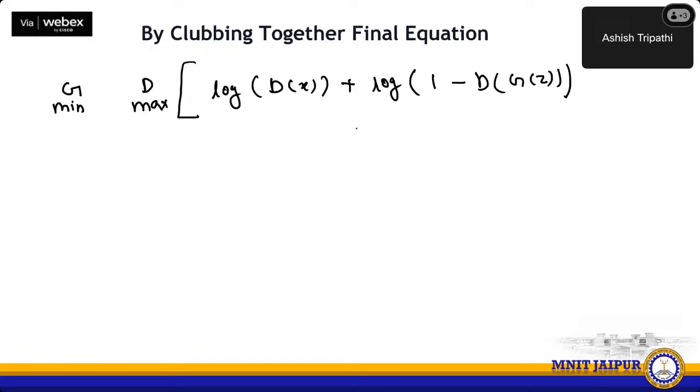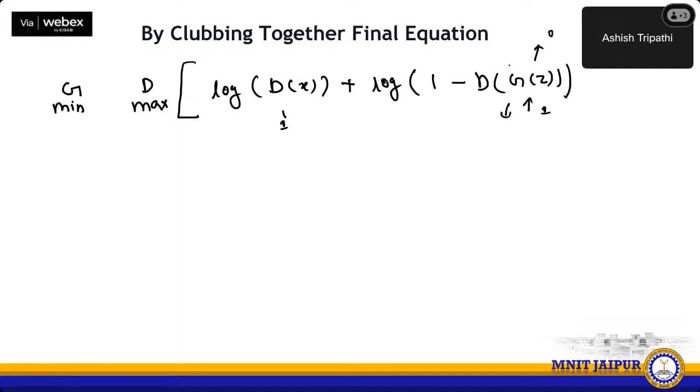Generator G wants to minimize it. Why does it want to minimize it? Because it wants this to produce output 1, and when this is 1, this will have minimum value. And discriminator D wants to maximize it. Why? Because discriminator D wants it to produce 1, which is the maximum since this is a probability distribution function, and it wants this to produce output 0, so 1 minus 0 gives the maximum value.